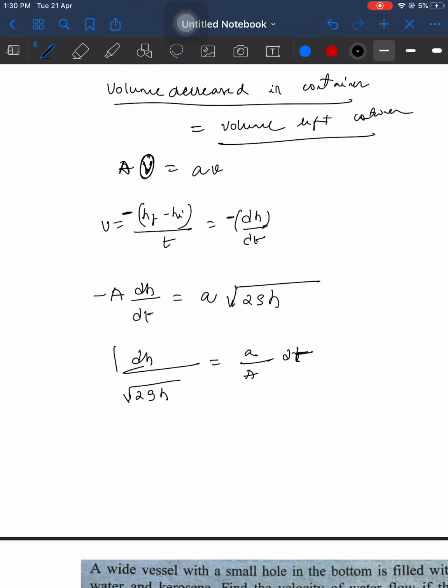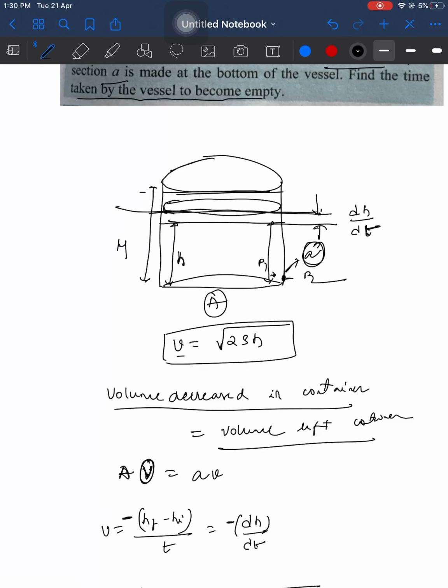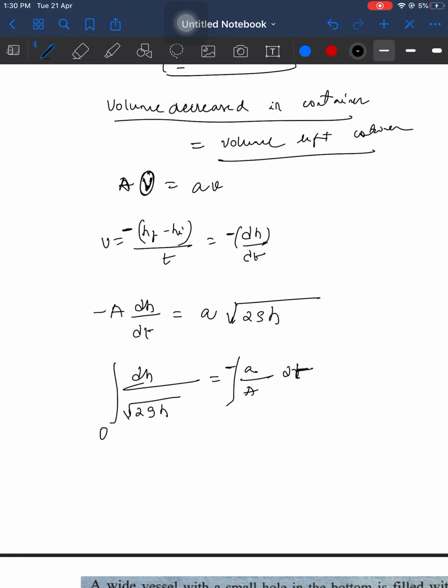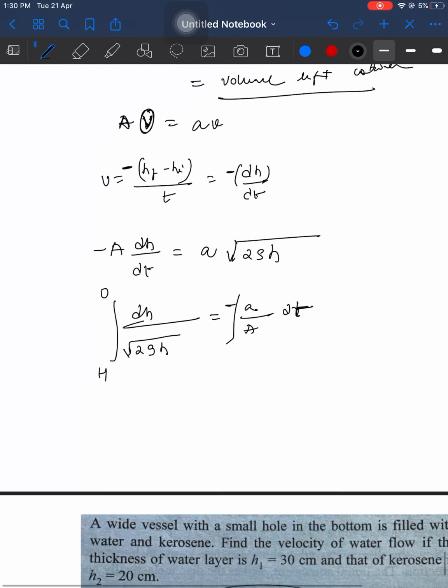If you integrate both sides, the minus sign will be there. Initially the height is h, and finally the height becomes 0.